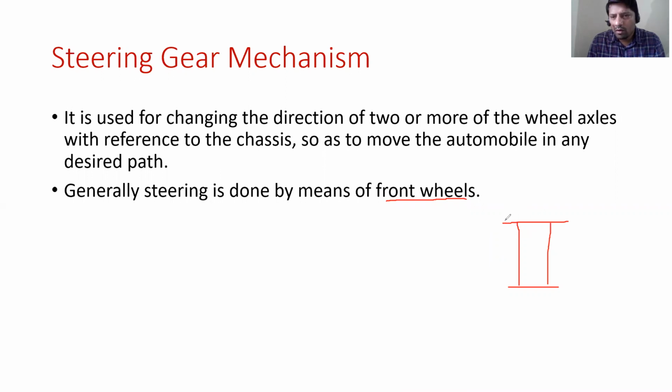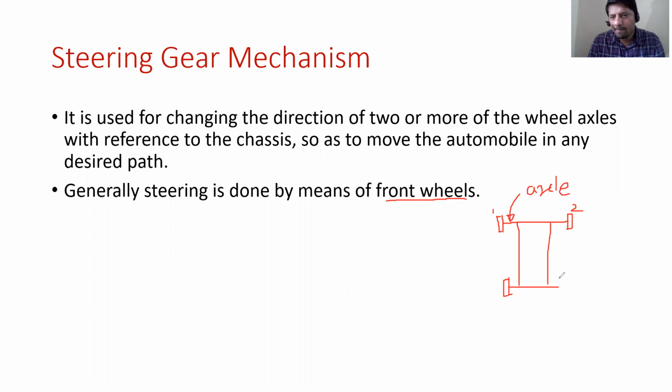Here, the part on which the wheel is mounted is called the axle. So this part is the axle, on which you mount the wheel. Here is one wheel, and here you will have another wheel. These two, 1 and 2, are the front wheels, and the back wheels are mounted on the back axle.